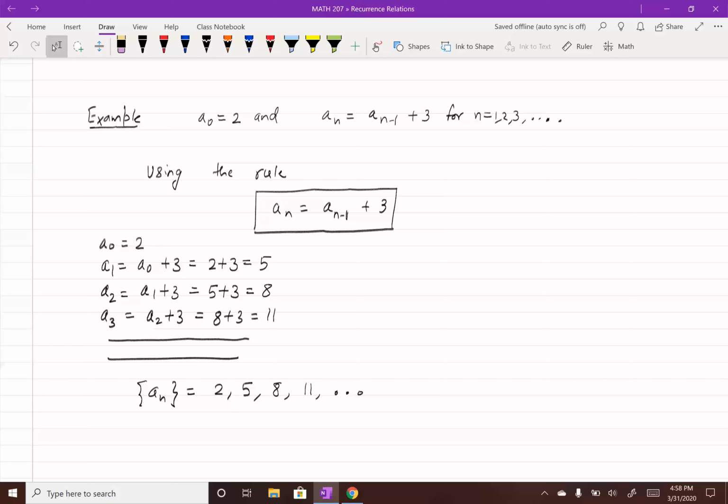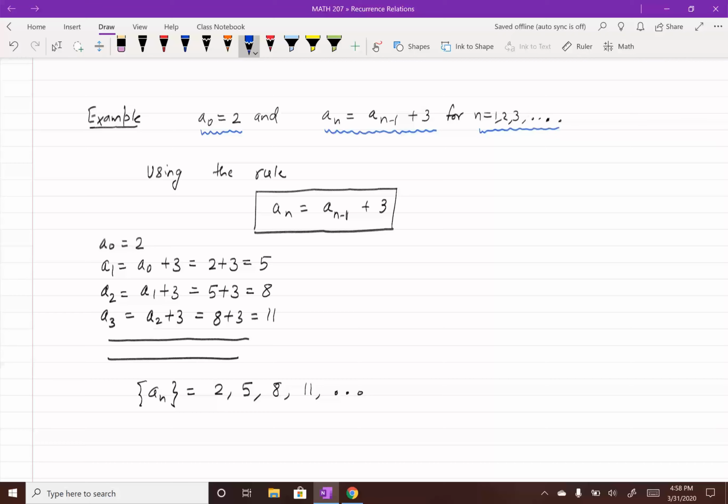So let's take an example where the initial term is given to us, which is A of 0 equal to 2, the first term of my sequence, and a rule is given where the nth term is connected with the (n minus 1)th term based on this relation: A of n equals A of n minus 1 plus 3, for every value of n greater than or equal to 1.